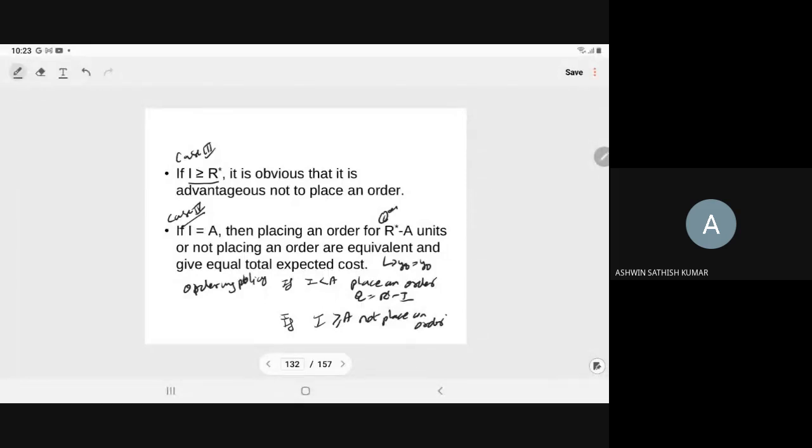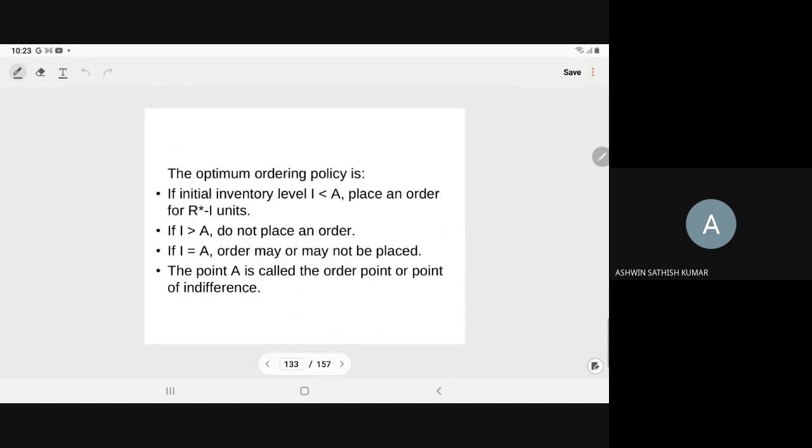So what is this A? This A is unknown now. It is known as the ordering point. So the optimum ordering policy is, if the initial inventory level I is less than A, place an order of quantity R star minus I. If I is greater than A, do not place an order.